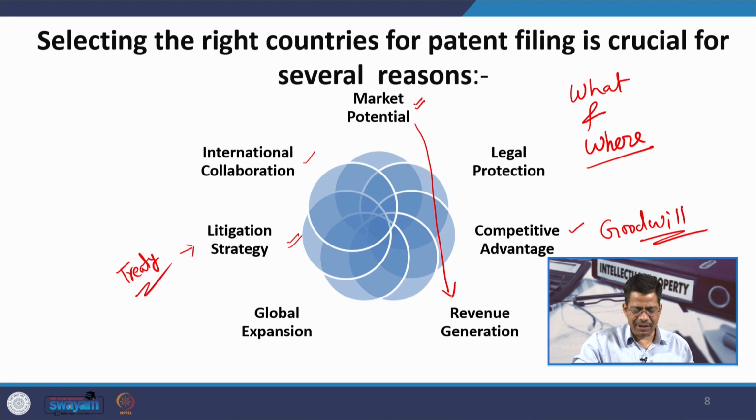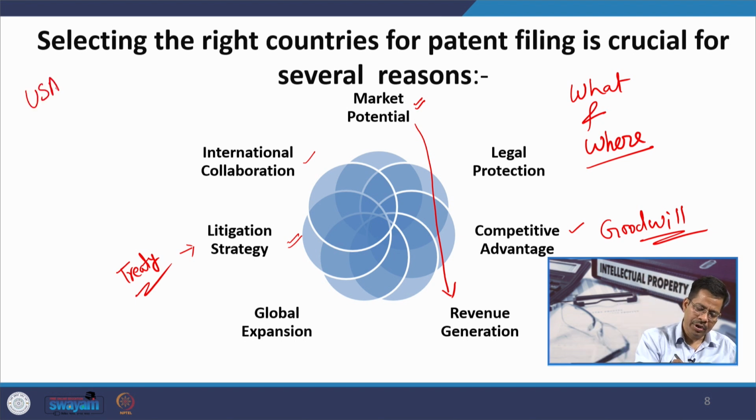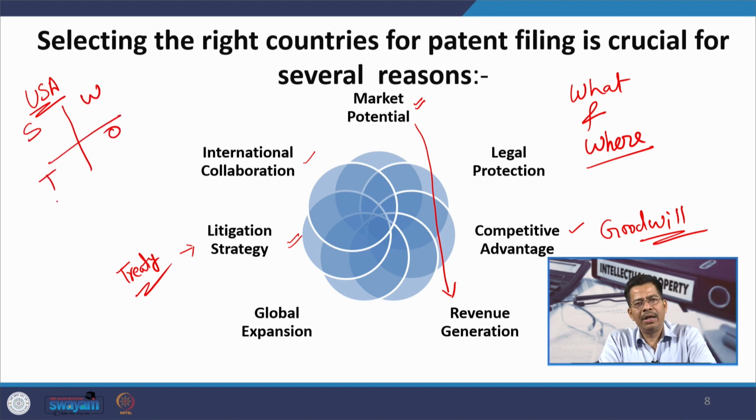For example, if I want to go for USA, because that is the most fancy item whenever we talk of foreign filing, do a proper SWOT analysis. And once you do that, then only you will be able to decide whether I should go in the US market or not. And the same thing you can do for various other potential locations.